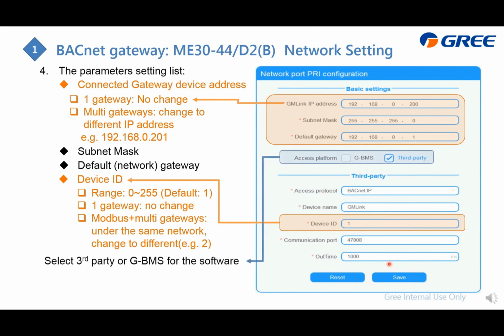And then the system can recognize it and more easily find out where to find or where to send the data. And the last is to select which system. Actually, GRI also has this BMS software, and if it is a third party, make it tick out here. And the last thing is to reset the power for this gateway to initialize.